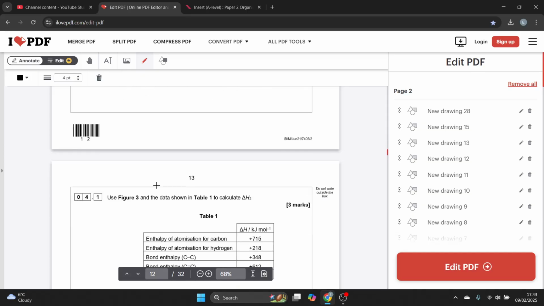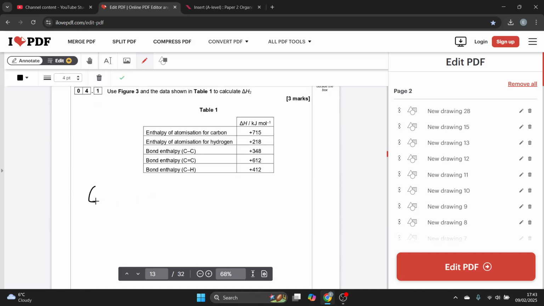Well, I've got 6 carbons, right? So it's going to be 6 times 715. I've also got 6 hydrogens, 6 times 218. Right, so all of this is pretty simple.